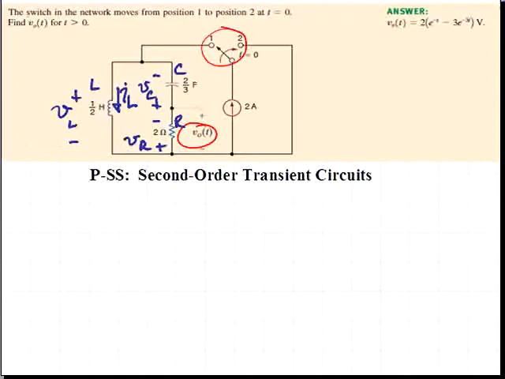So we have labeled the inductor, the capacitor, and the resistor voltage polarities assumed for the moment. First step might be to determine some initial conditions for the inductor and the capacitor.